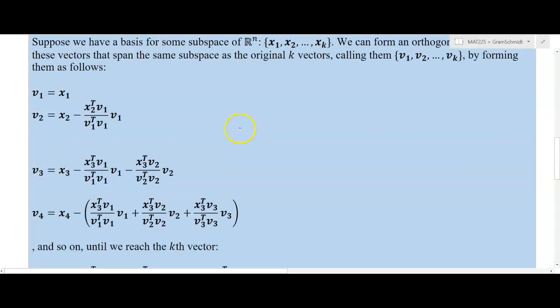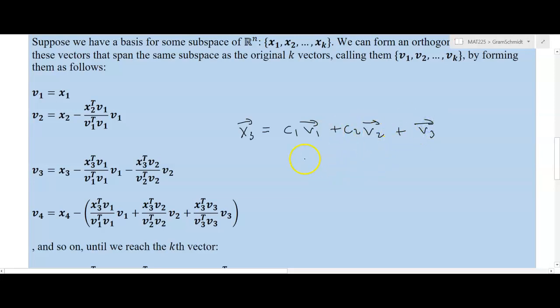If we think about x3, well, x3 is going to be the sum of 3 perpendicular vectors, c1 v1, plus c2 v2, plus c3 v3, or just v3.